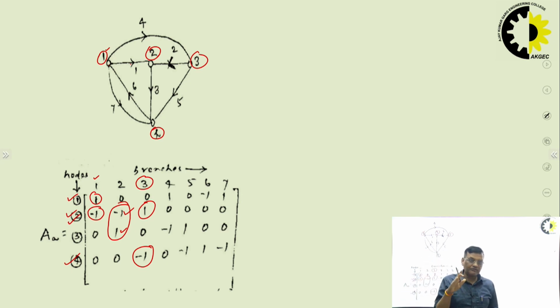So from the network we obtain the graph, and from the graph we obtain the complete incidence matrix. Suppose in a paper it is written that the incidence matrix is given. How will you identify whether the given incidence matrix is complete or reduced? It is very simple.